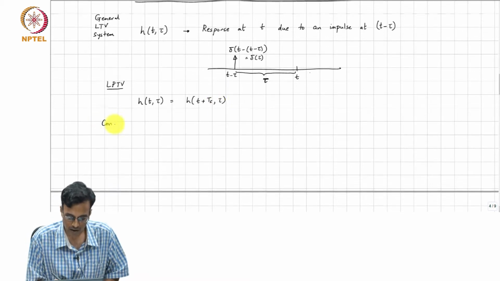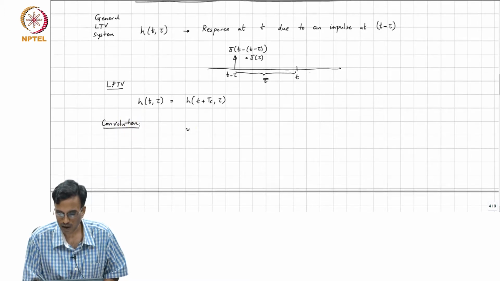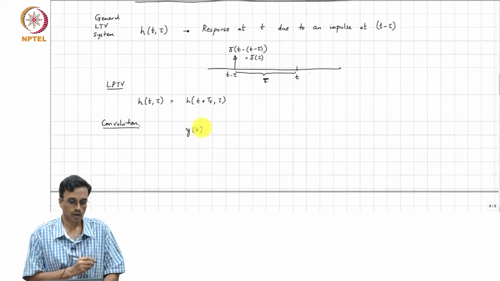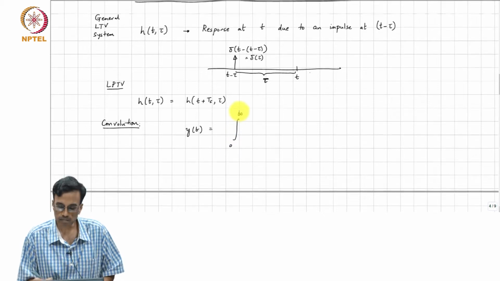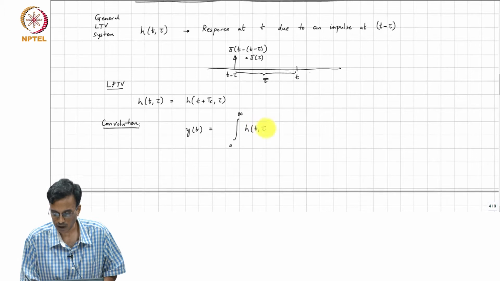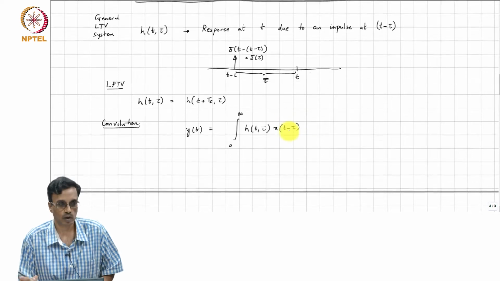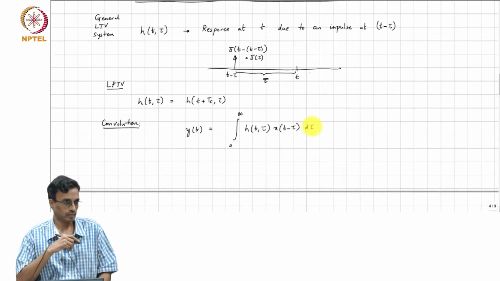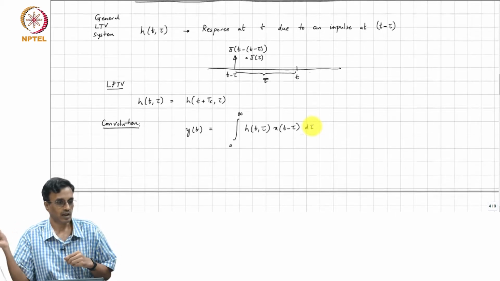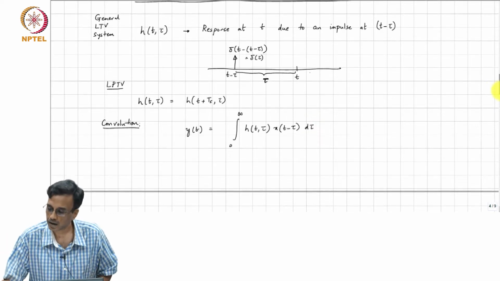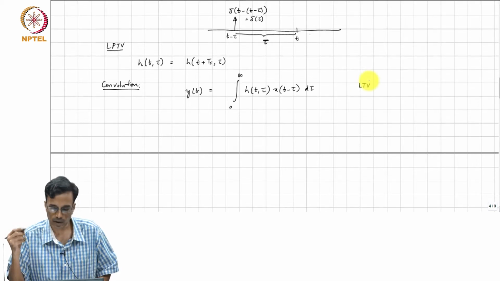And then of course, we have the convolution integral y of t, which is the output, is nothing but integral 0 to infinity h of t comma tau x of t minus tau d tau. Is the response at the output due to an arbitrary input. And this is again for a general LTV system, correct.